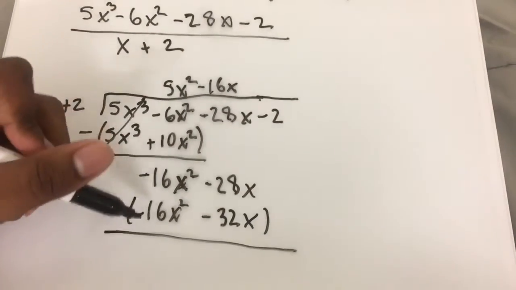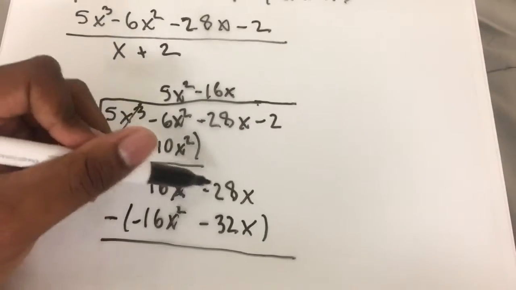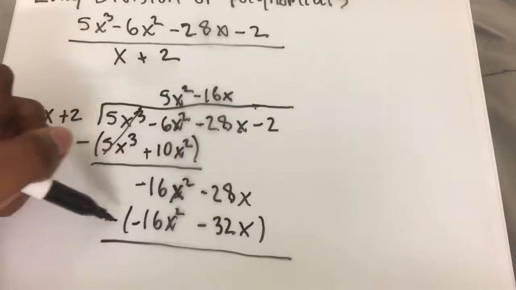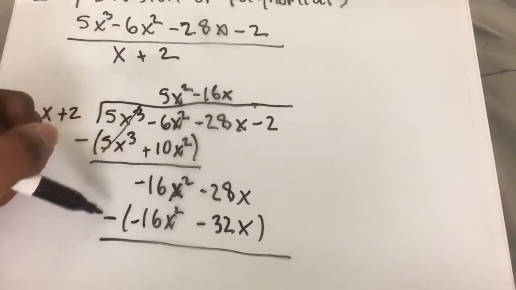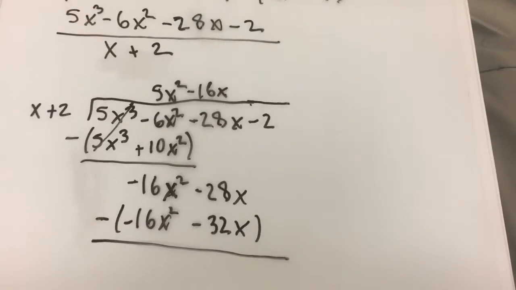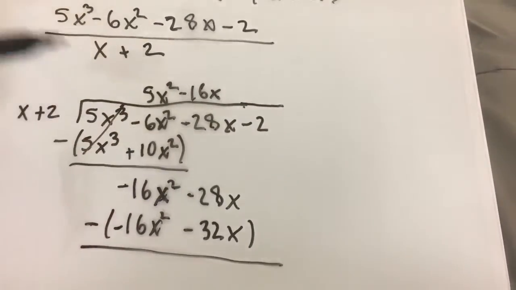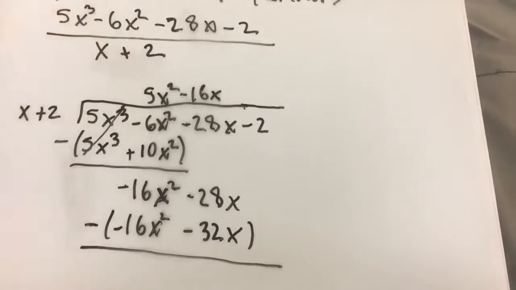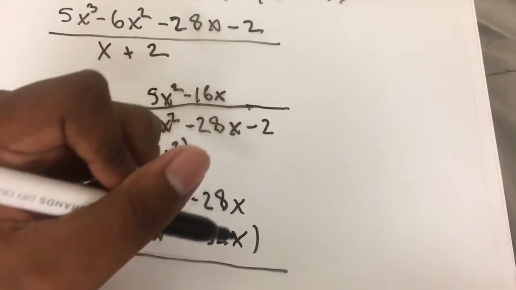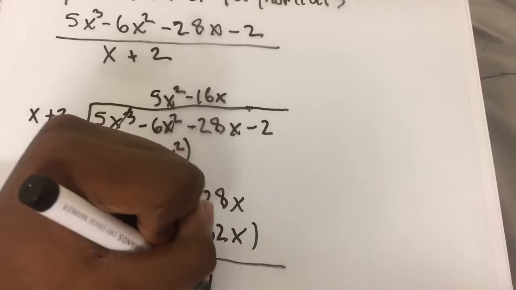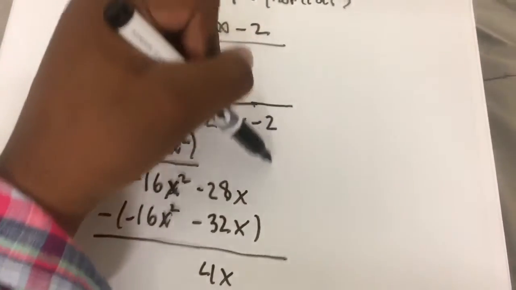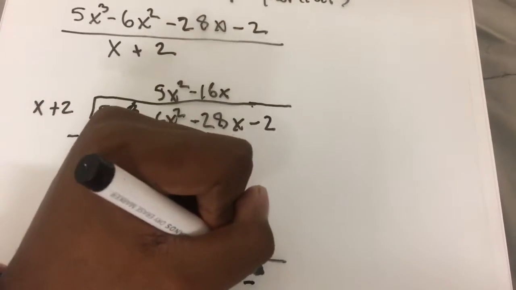So it's going to be 16 minus 16, that's 0. And then these are going to turn positive, because negative times negative is a positive. So it's going to be negative 28 plus 32, and that's going to give me 4x. So we're going to drop our negative 2 down.